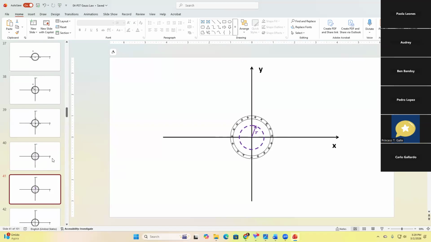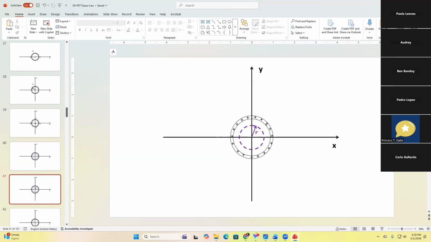And now we're going to use the amount of charge that's inside this small sphere, right? You have to ask yourself, what's the amount of charge enclosed by this sphere? Think about that. That should be obvious: there is no charge whatsoever inside here.